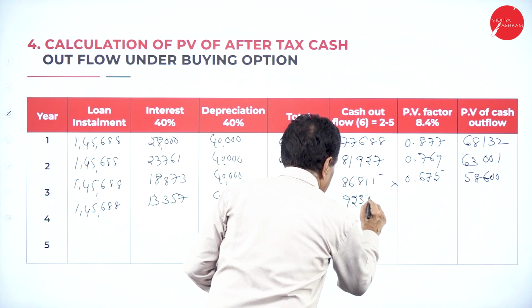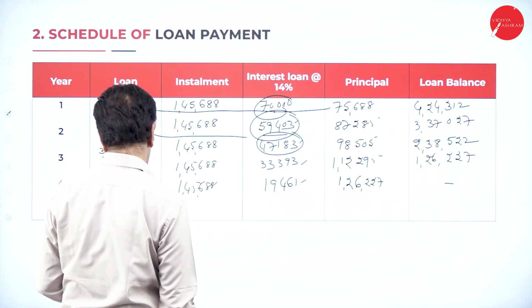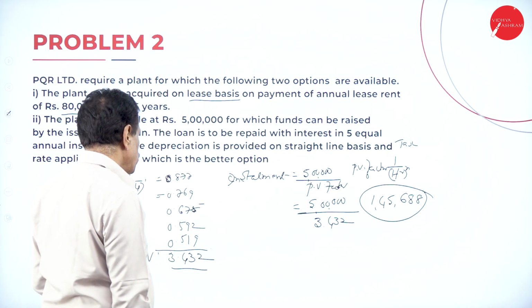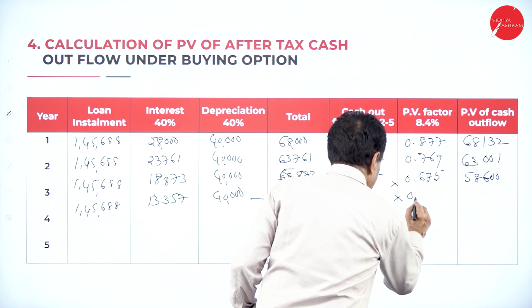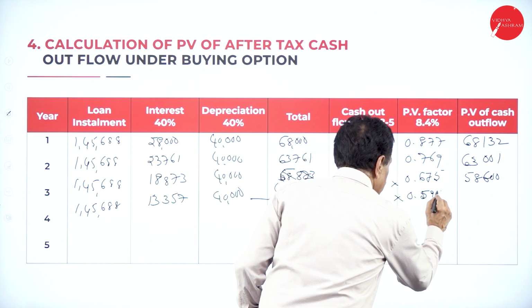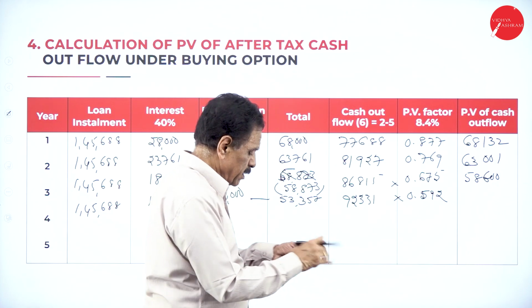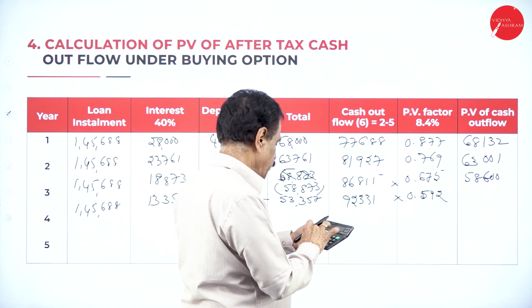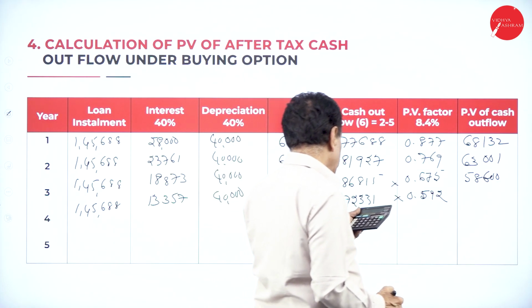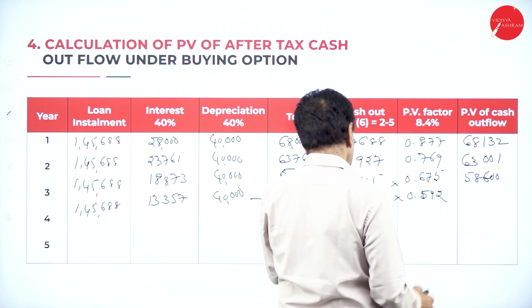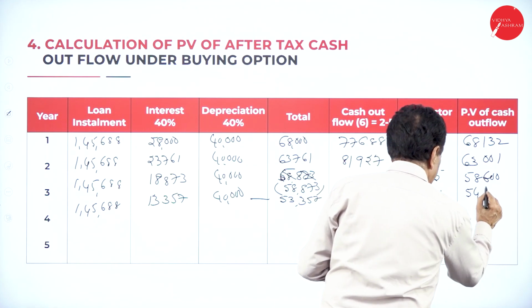So 92,331 into the discount factor for the fourth year, 0.592, is 54,659.